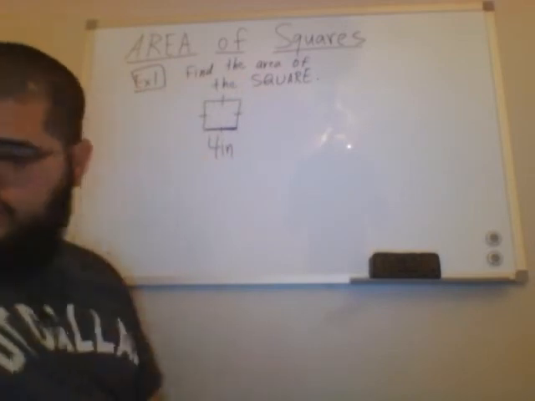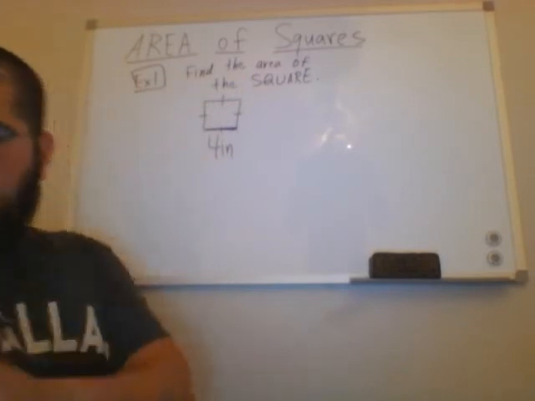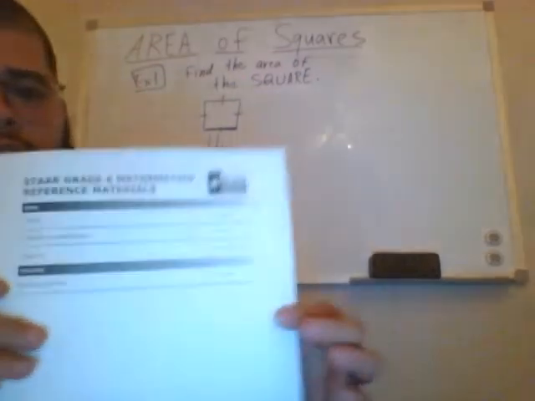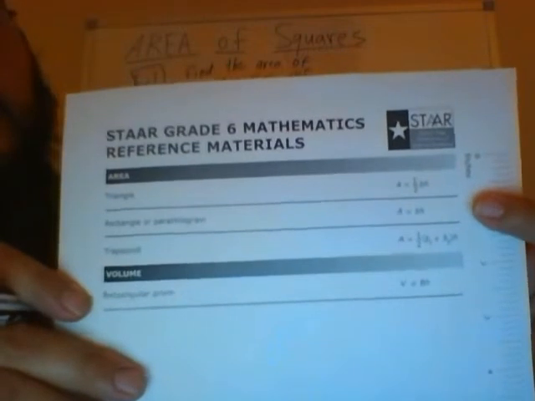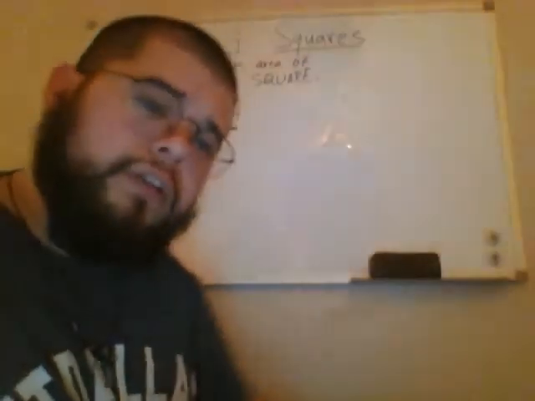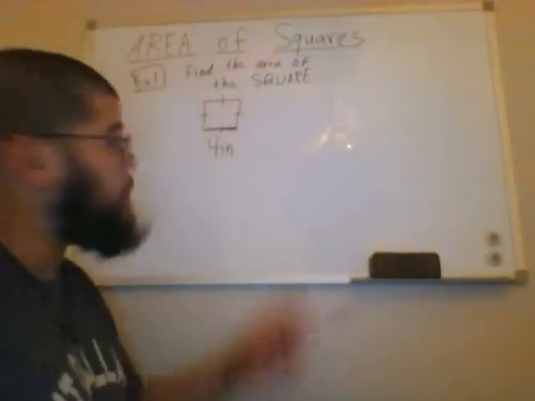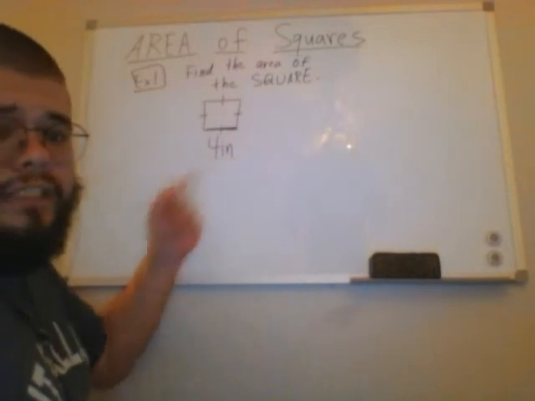And so we're going to use the formula that we have on our formula chart for area of a parallelogram and a rectangle. We use the same formula for a rectangle and parallelogram that we do for a square. Remember, this is a square.